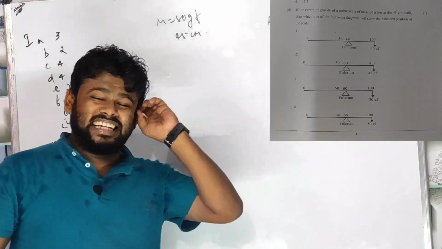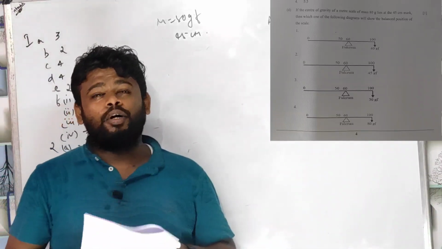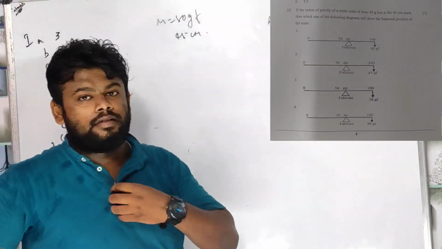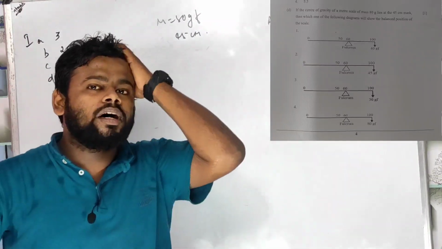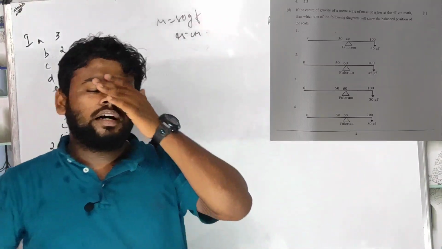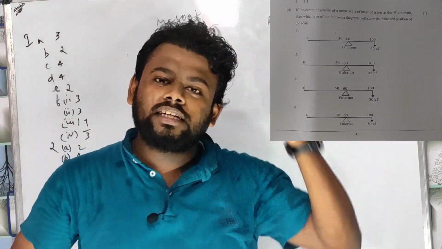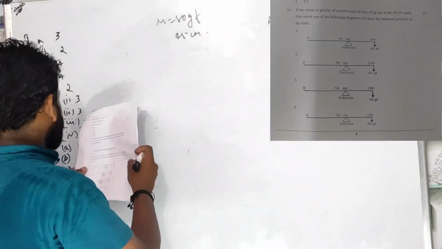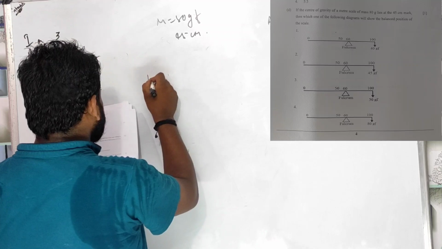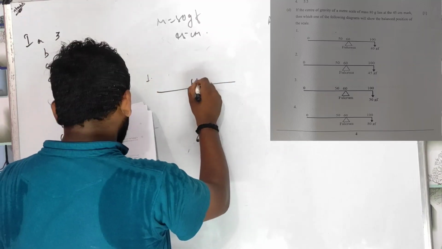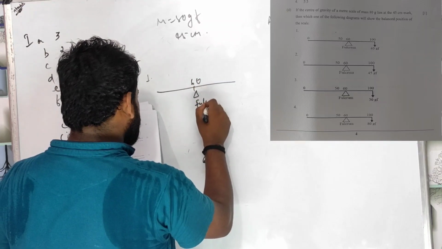So see, can you remember some logical point in chapter number 1, Force? You have read the principle of moments. In case of the principle of moments in equilibrium, did you recall anything? Suppose it is an object, and the fulcrum is at 60.